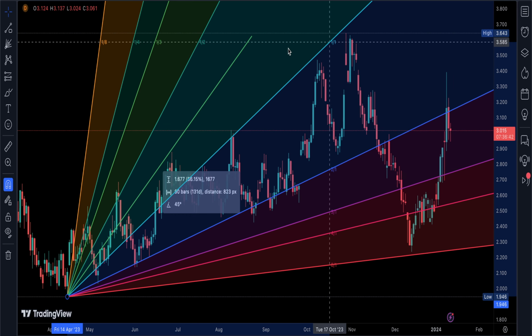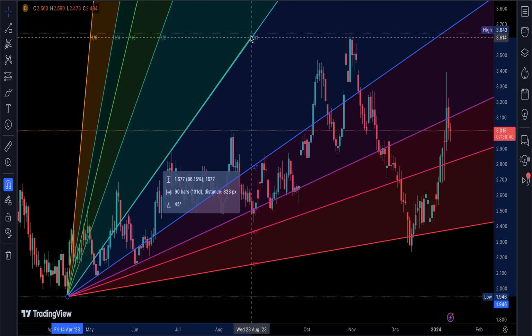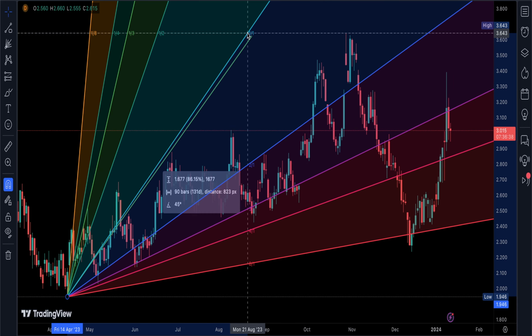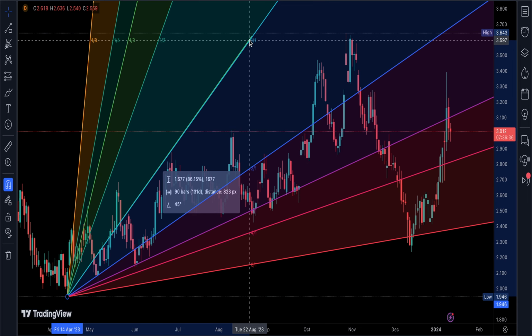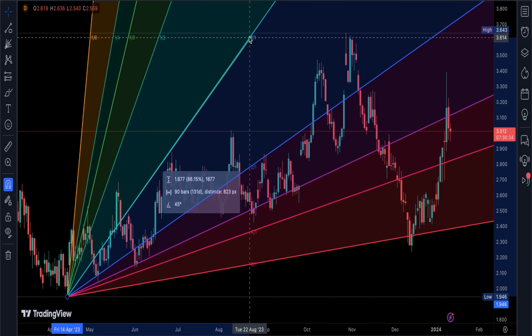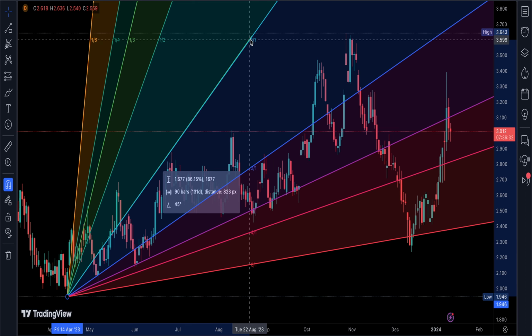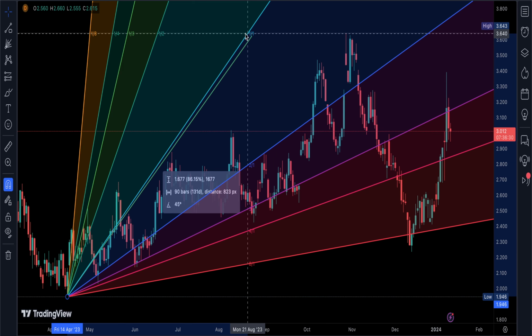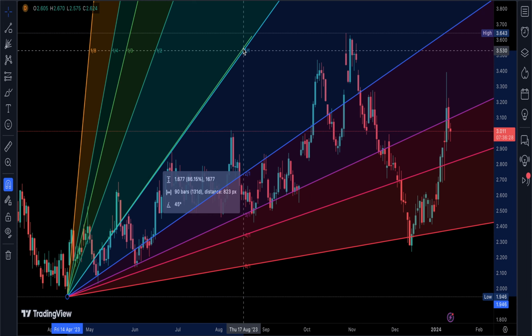I also like to find the 45 degree on the chart. It's not going to be perfect, but you just want to get it close enough where they overlap.